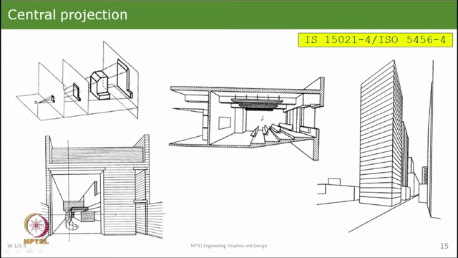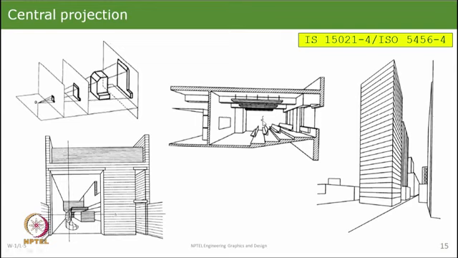If you keep the screen closer to the eye, it becomes even smaller. If you put the screen at the back, you will see and draw a much bigger thing. So, from one point I am seeing this whole object and everything seems to be joining together, everything is converging like this. That is called a 1 point projection, 1 point perspective or 1 point central projection.